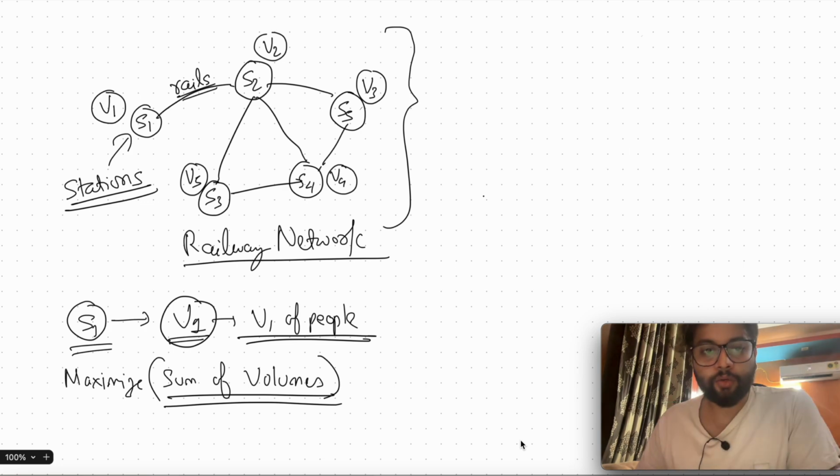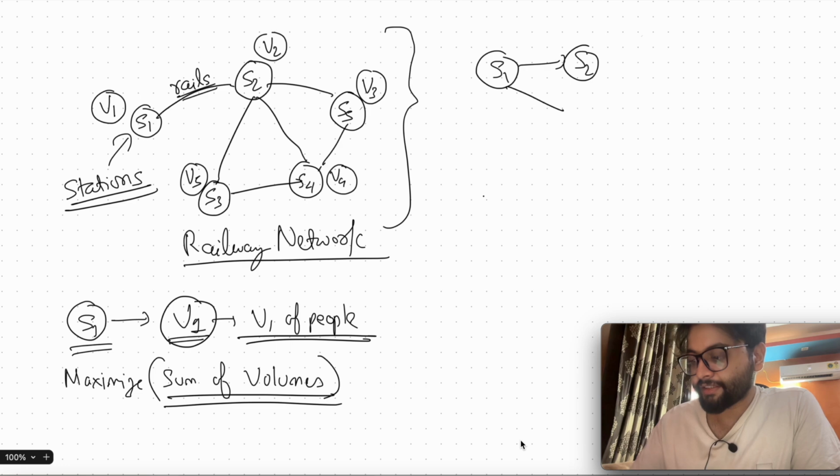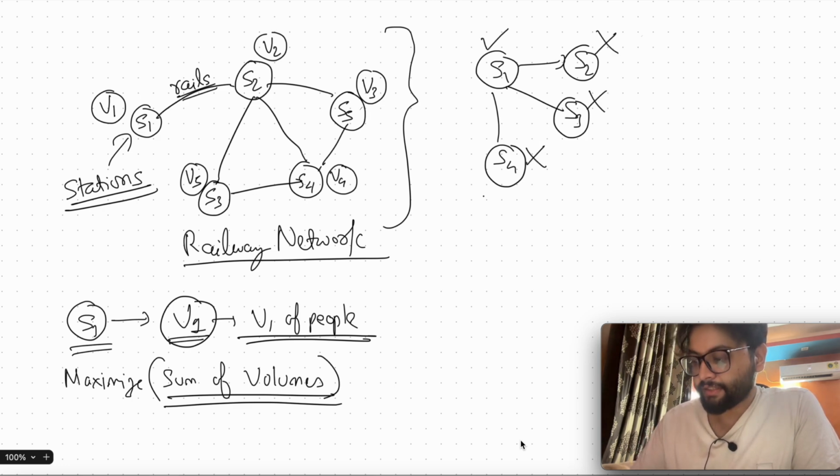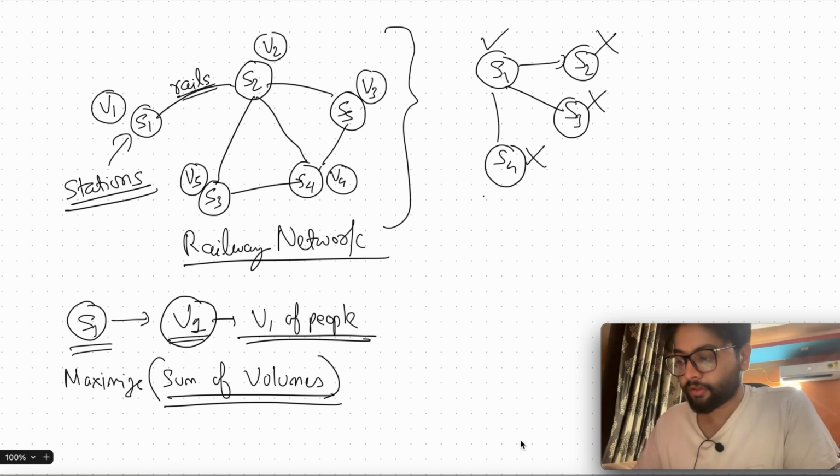There is a way to select stations. The problem says that if you select a particular station, then you cannot select their adjacent stations, right? One example is that if I go ahead and pick station S1, then I cannot pick up all of these stations. These stations cannot be selected.